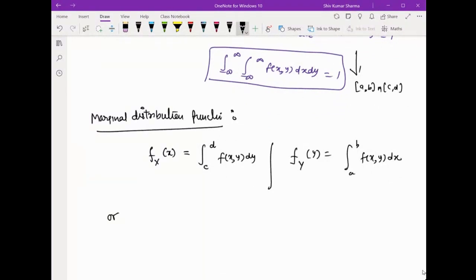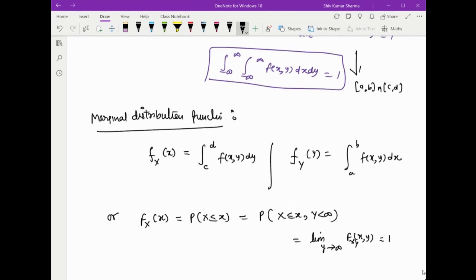Or you can write the marginal distribution F of x as the probability of X less than or equal to x. For this we can write X less than or equal to x and Y less than infinity. So we can write it as the limit y tends to infinity of F(x,y). So this is equal to F(x,y) where we replace y by infinity.